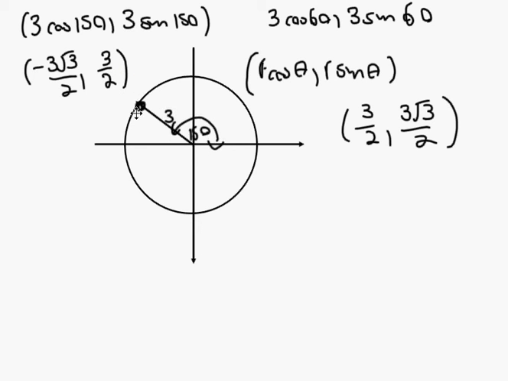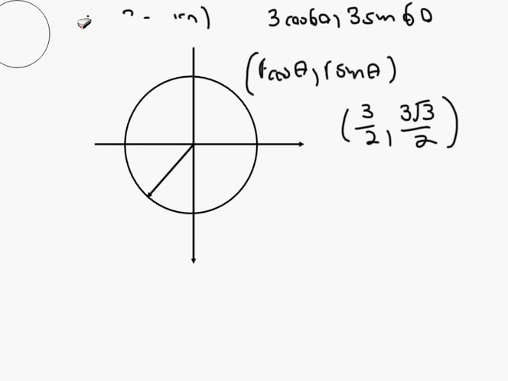Okay? Let's go again. Let's go further along our angle down here. Let's make up a different one. Let's go for 225. So it's a 225 degree angle now. What is this point here? We're going to change the radius this time. This time the radius is 5.